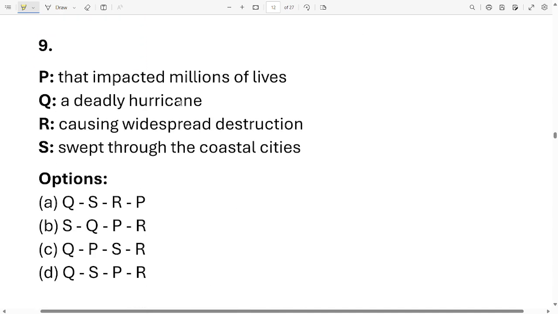Okay, let's move on to the next one. That impacted millions of lives. A deadly hurricane causing widespread destruction swept through the coastal cities. Rearrange the sentences in a sequence.